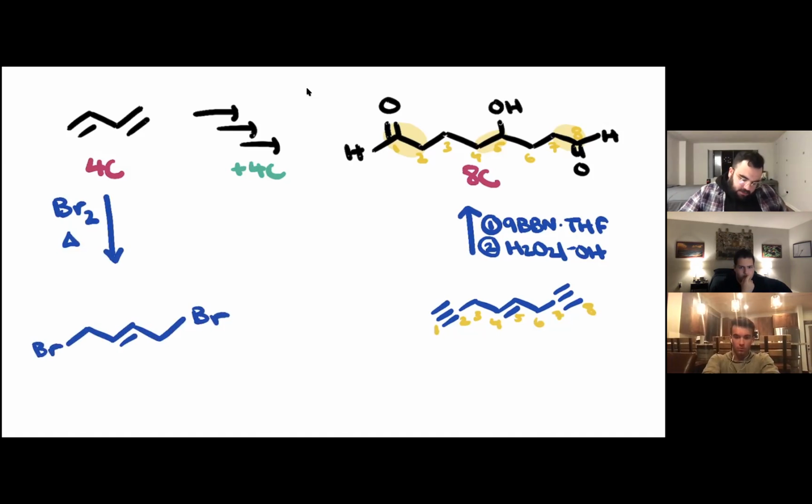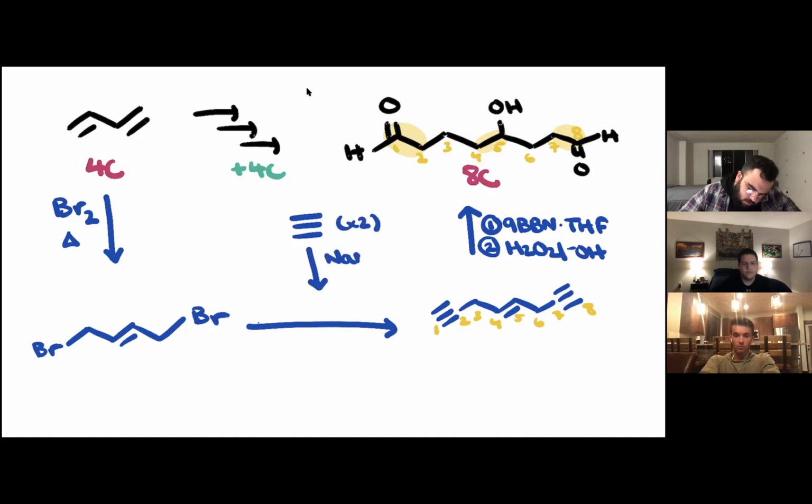Now to get from here to here, all I'm doing is replacing these guys with acetylenes. So this would be a good time to create our carbon-carbon bonds. What we can do is take 2 equivalents of acetylene, right? Because we're making 2 carbon-carbon bonds. And then react it with NaNH2 and NH3 to form your acetylide ion.